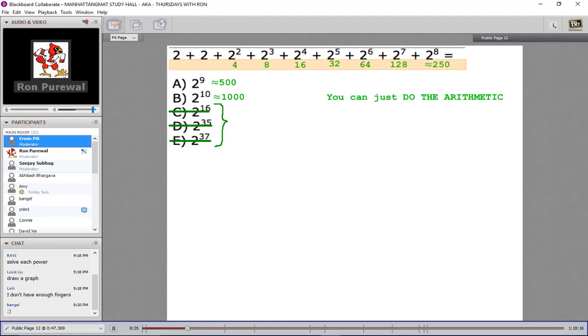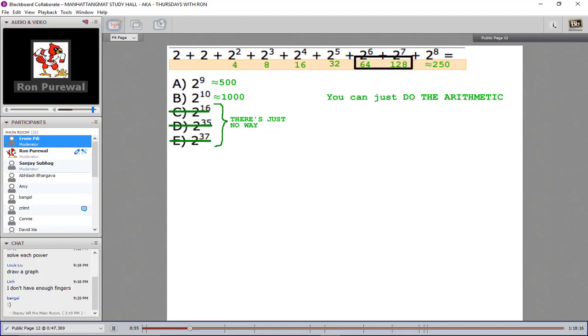So there's just no way. We can just approximate this stuff, right? These first few terms are so small that they almost don't even matter. So approximately 250 plus 1, these two terms right here are about another 200.